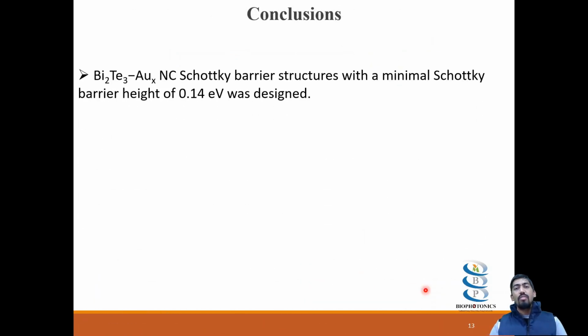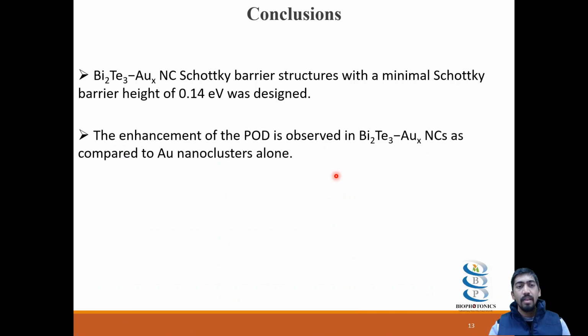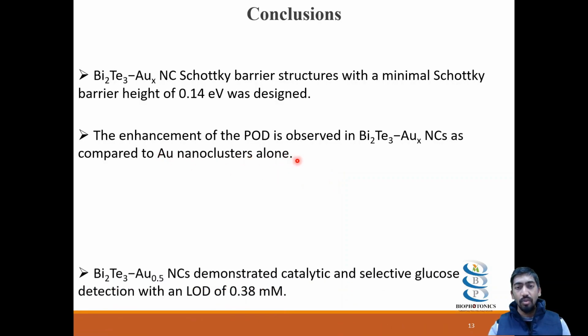So the conclusion of our work is that we have synthesized the Schottky barrier in this bismuth telluride gold nanocomposite, and it shows a 0.14 electron volt Schottky barrier. Second, this enhancement of the POD is observed in the bismuth telluride gold nanocomposite, which is much higher than the gold nanoclusters alone.